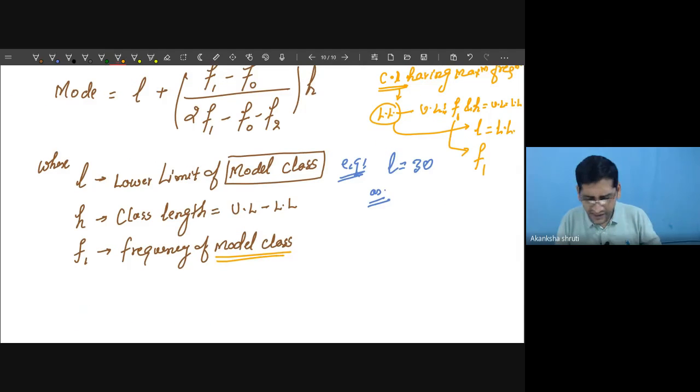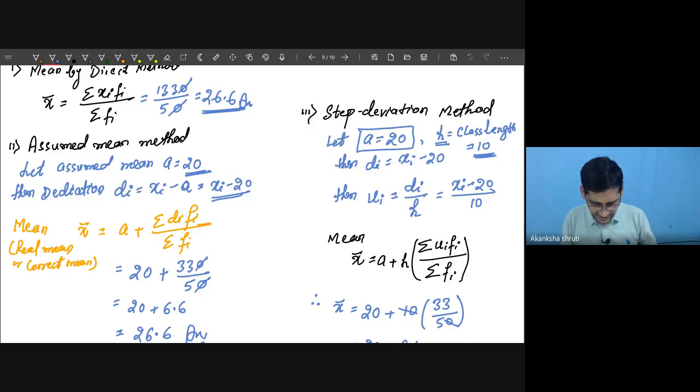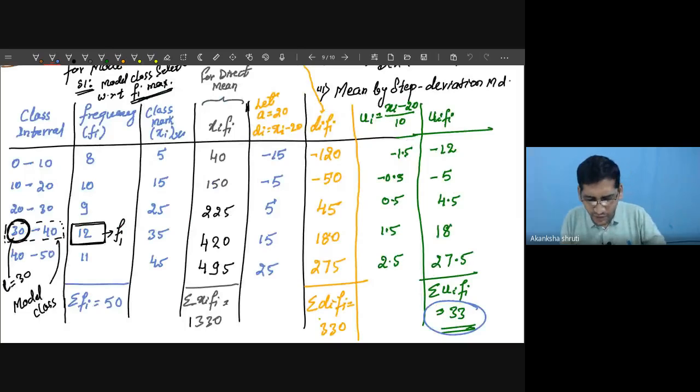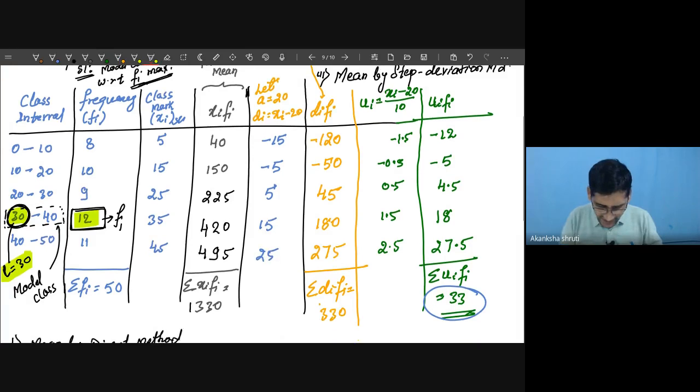So for the example, here we have selected the model class with the help of this 12. From this 12, the interval 30 to 40 we have taken. So this 30 is giving the lower limit of the model class, and this 12 itself is acting as the frequency F1.